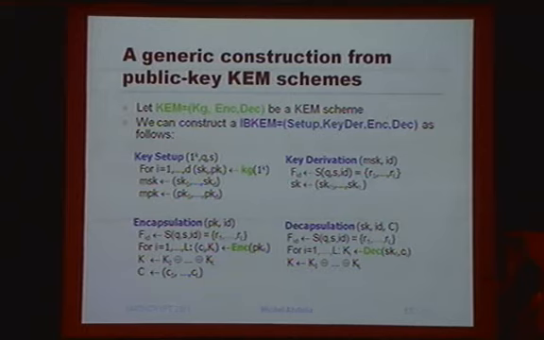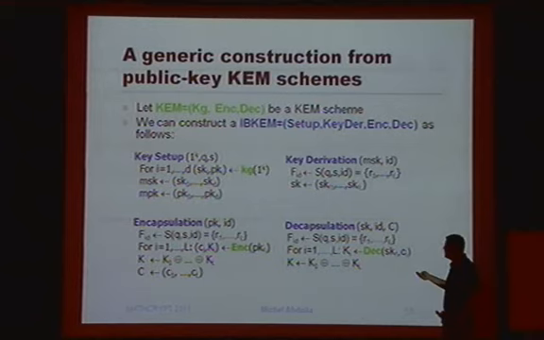We generate D pairs of secret keys and public keys, and then the master secret key becomes all of the secrets, and the master public key becomes all of the public keys. The key derivation is very simple. We simply give the subset of keys that corresponds to the identity.